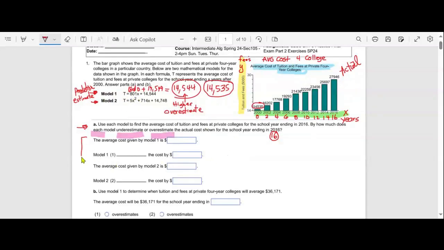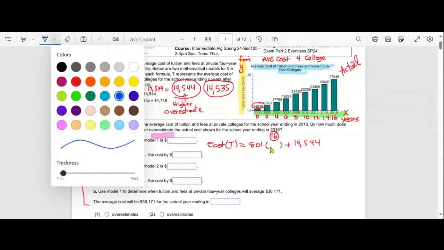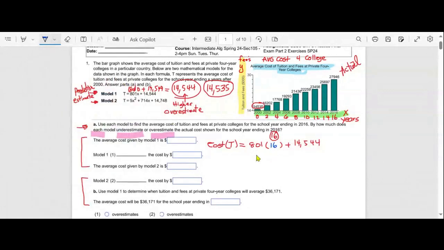So the first one here is model 1, and here is model 2. Can you tell me what model 1 is? The cost, which is represented by T, equals 801, and then open parentheses, plus 14,544. What number am I going to put inside the parentheses? 16.